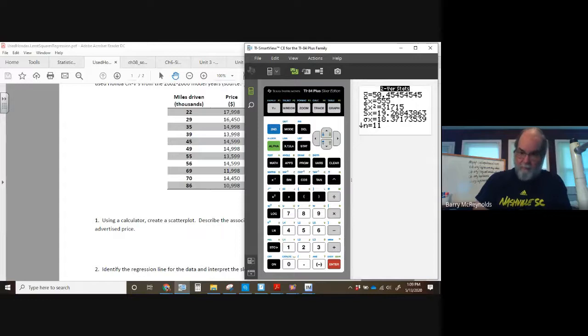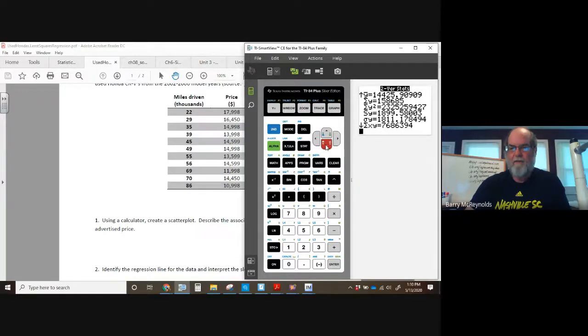X bar equals 50.45, SX is 19.27. And you'll notice I'm carrying 4 significant digits here, just to be sure that when I do some intermediate calculations, I'm in good shape. Y bar is 14,426.